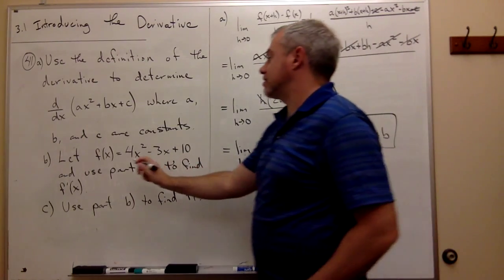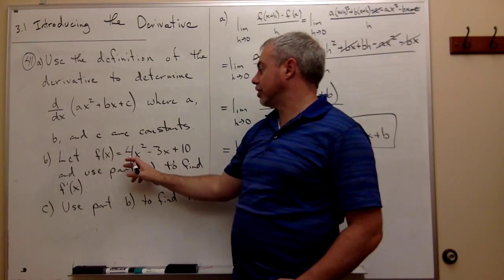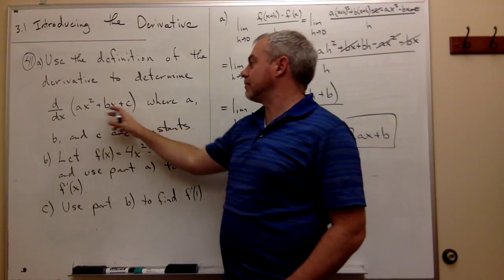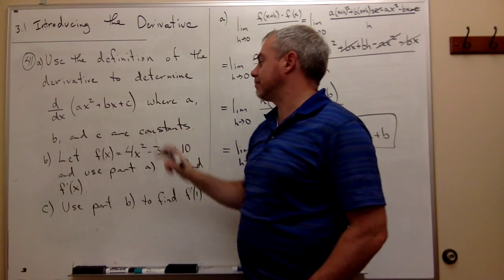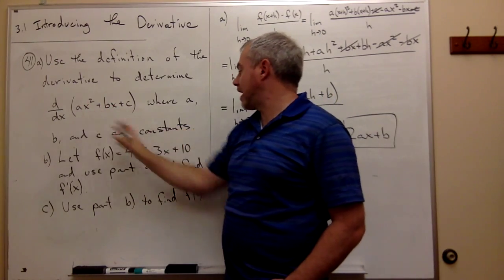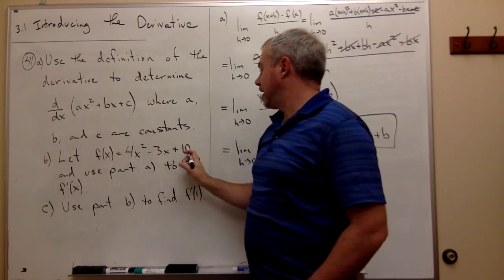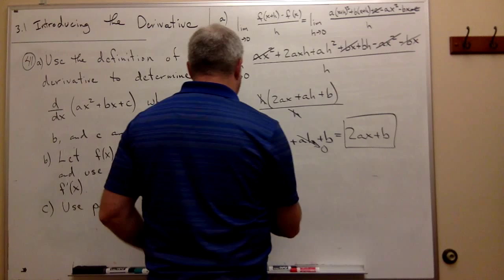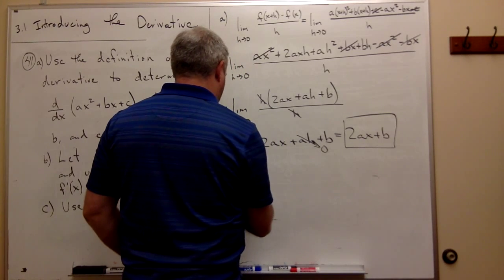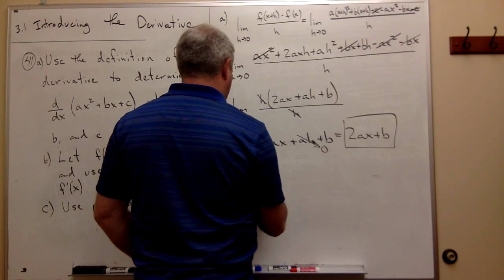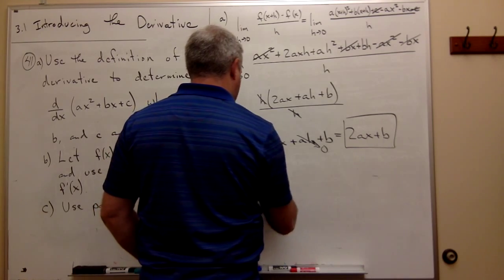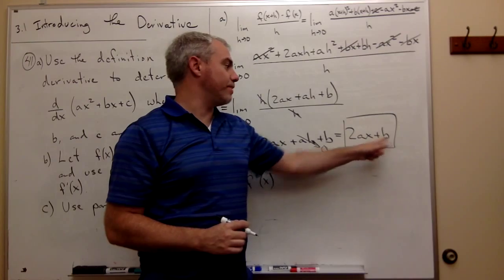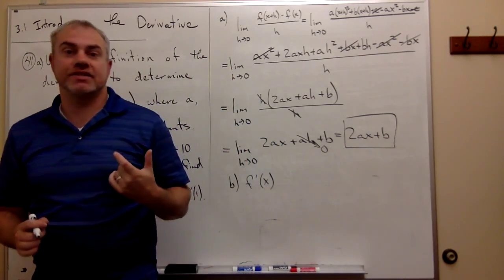Part B asks us, okay, so now let's take a different function, 4x squared minus 3x plus 10. But this is exactly the same as this function, ax squared plus bx plus c, except that 4 is a, negative 3 is b, and 10 is c. So if I want to find the derivative, part B, f prime of x, well, I know that it's just 2ax plus b, no matter what a, b, and c are.